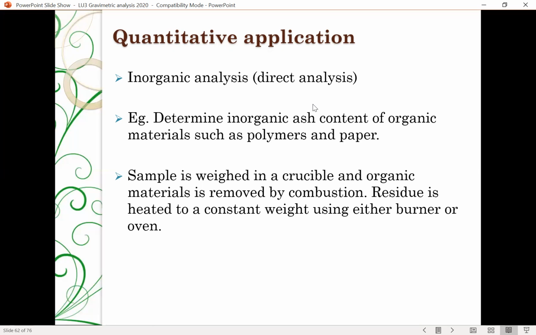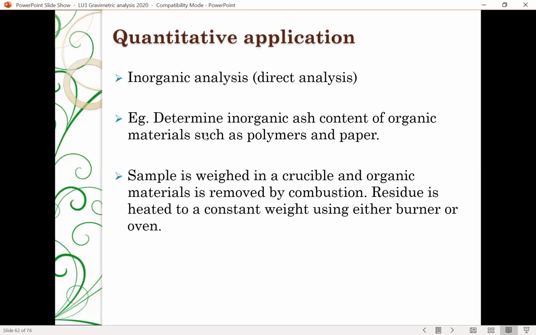Volatilization gravimetry can be used for quantitative application. Remember, quantitative application is for us to determine the value of our analyte, how much of our analyte we have in our sample. Let's say we have direct analysis of inorganic analysis.